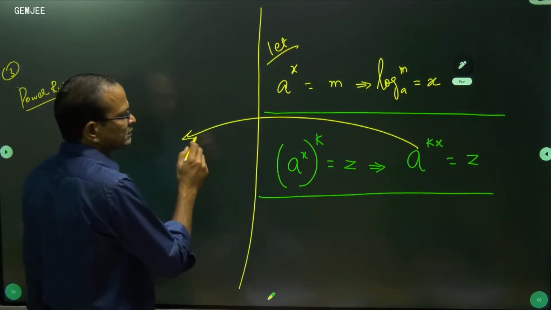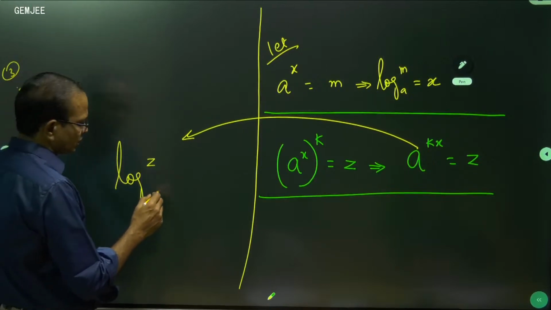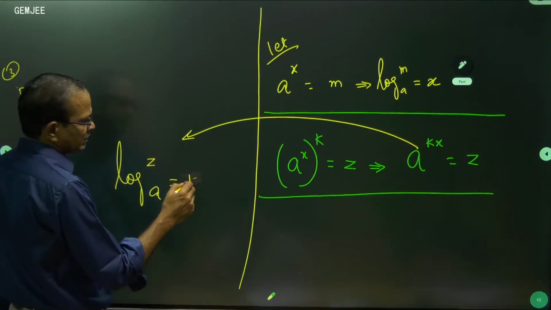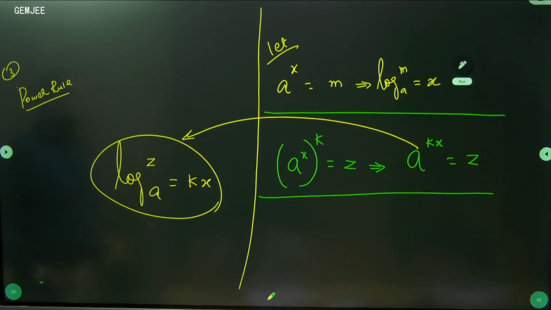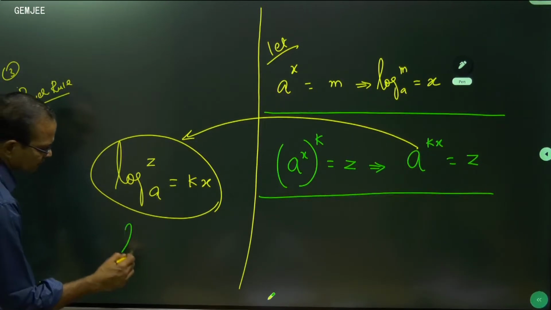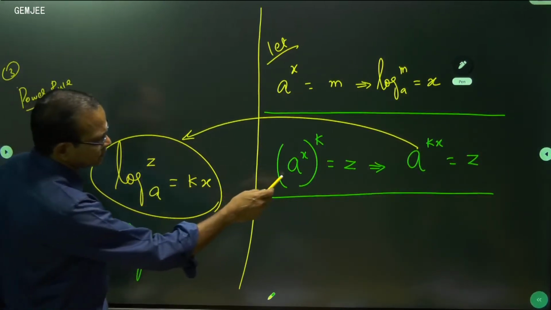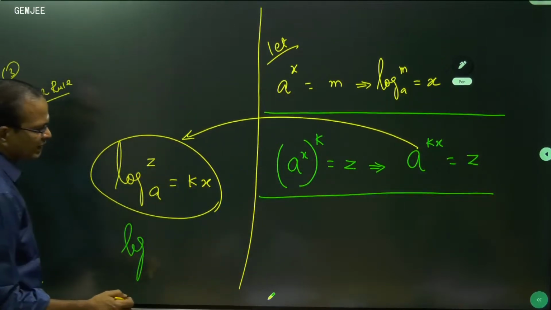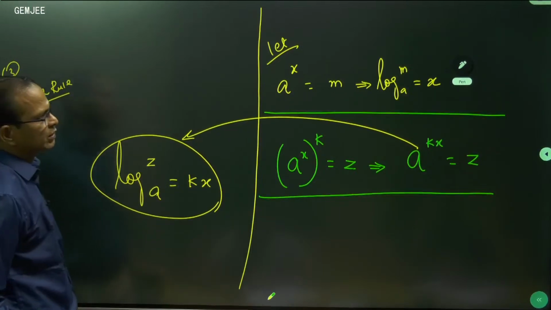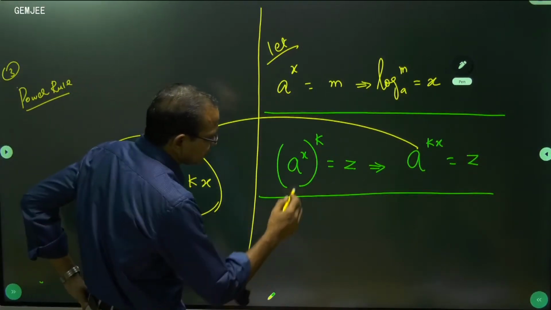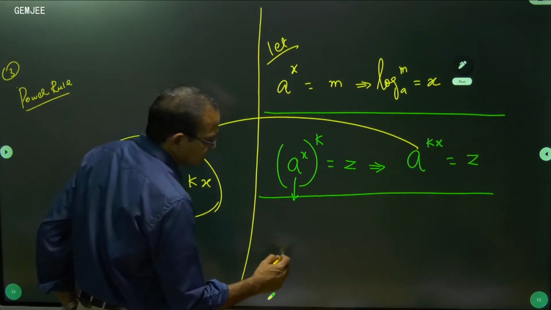From this, log of z to the base a equals kx. What is z? Look, z is a to the power x to the power k, that is a to the power xk. Now take the logarithm for this first.